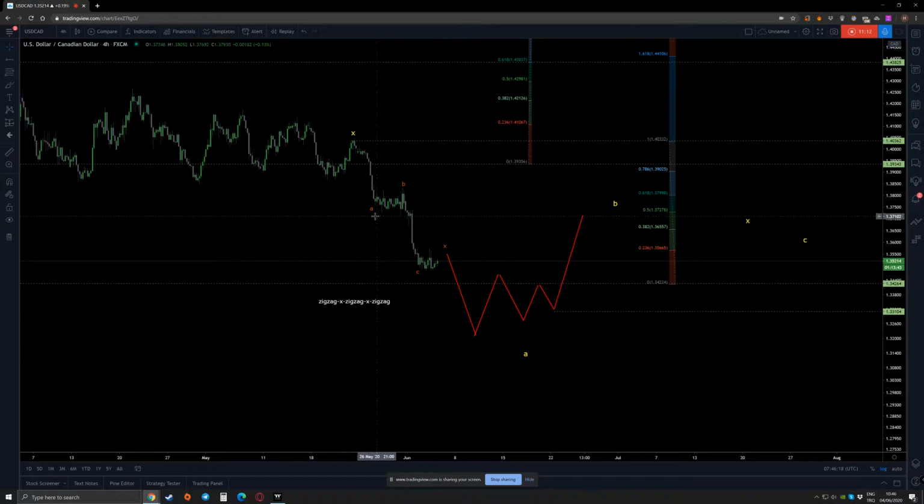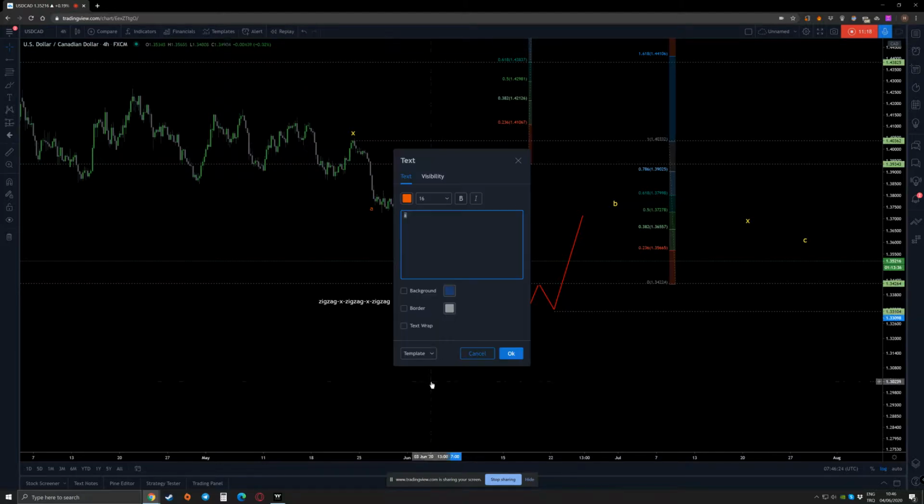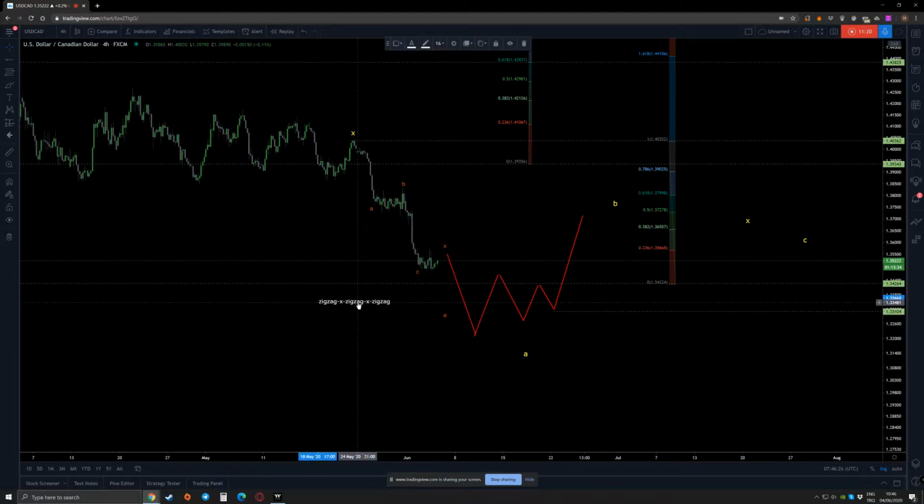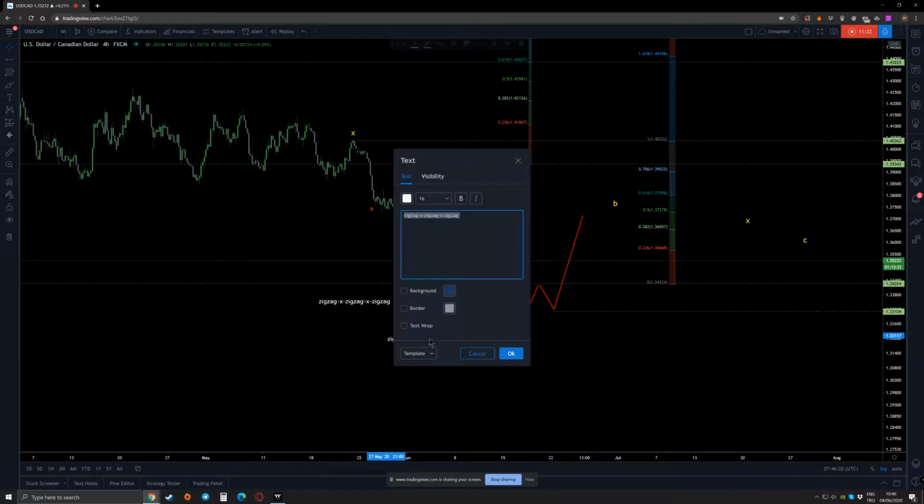So what I'm trying to say is this: after this X wave is done, from the same degree it will be a wave A, but this wave A can be part of, let me write it down for you, a flat, a zigzag, or a triangle.